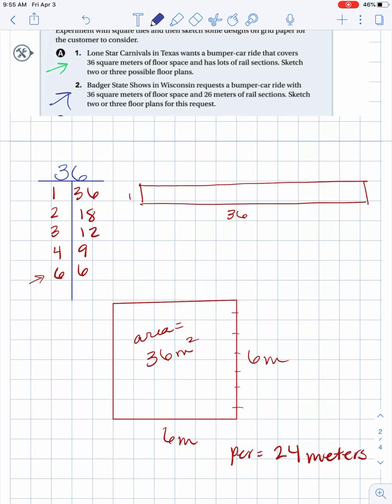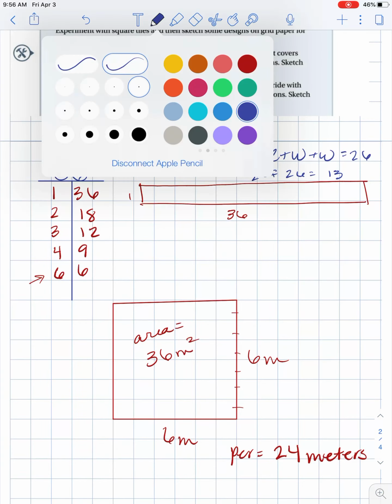So what it's telling us is around the shape, right, we need our length plus width to equal 26. I know that half of 26 is 13. So what that means is our length plus our width needs to equal 13. So if we go back over here to our T-chart, which of these factors can we add together to make 13?